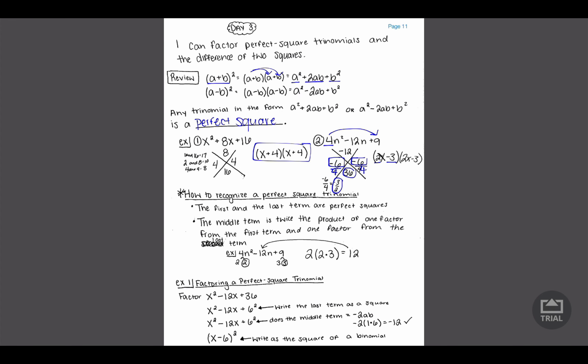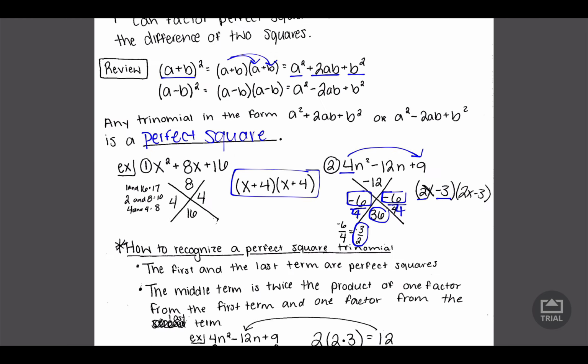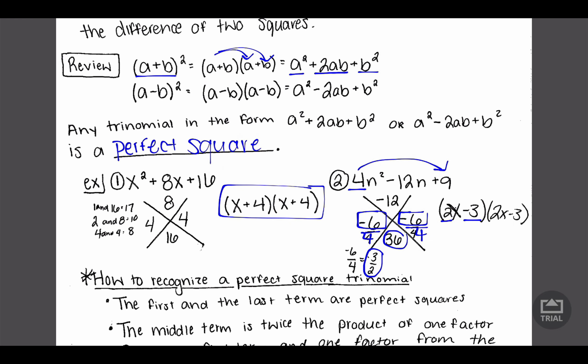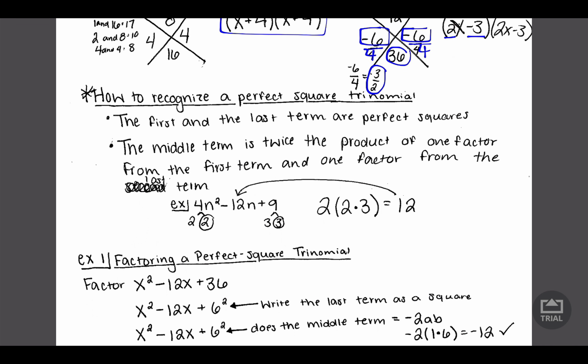So how do we recognize these perfect square terms? If the first and the last term are perfect squares, it's possible that it's a perfect square trinomial. The middle term is twice the product of a factor from the first term and a factor from the last term.